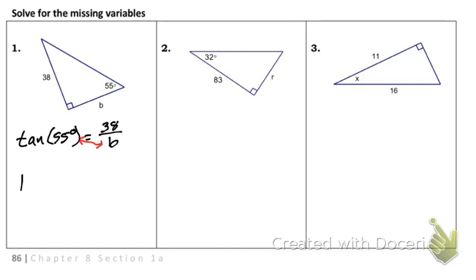So b equals 38 divided by tangent of 55 degrees. Who could tell me what b equals about? Akshay: 26.6. Did everyone else get 26.6?